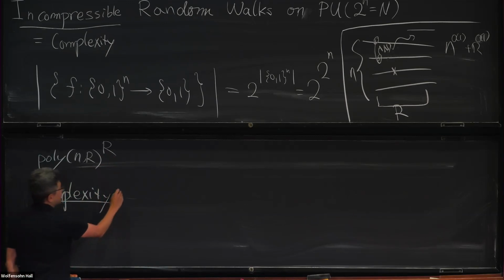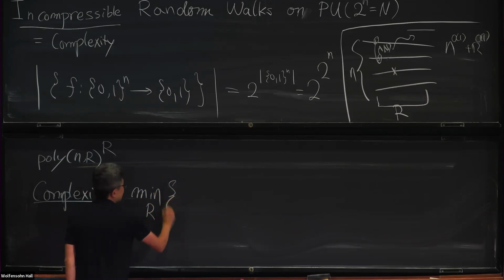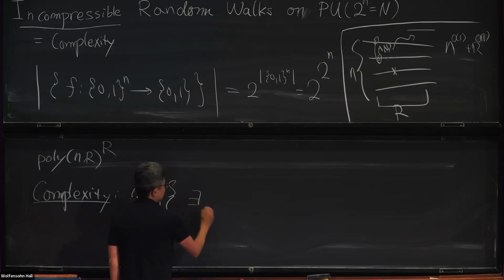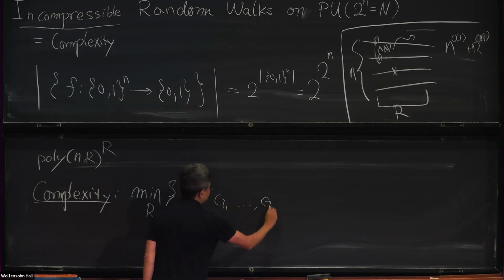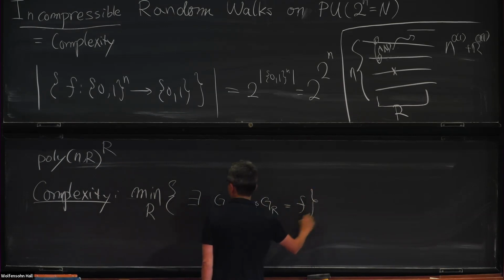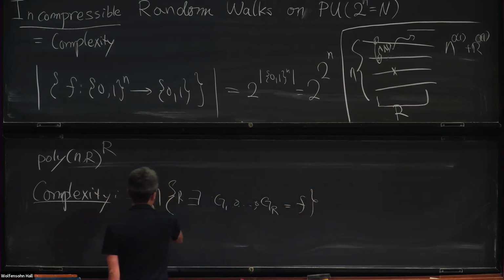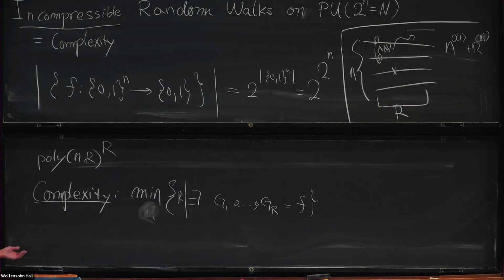By complexity, I mean the minimum number r such that there exists some sequence of gates whose composition is the given function. That's my definition of circuit complexity that you always deal with.